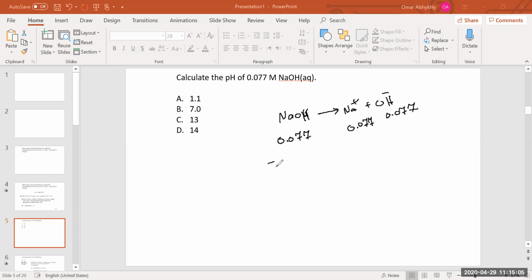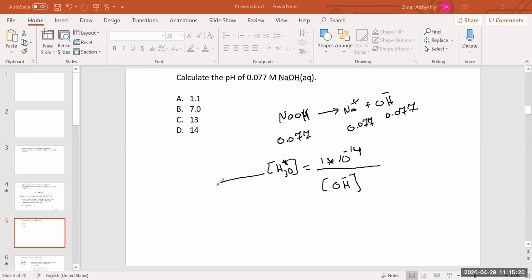Now, the concentration of H plus or H3O positive will equal what? 1 times 10 to negative 14 divided by the concentration of OH minus.